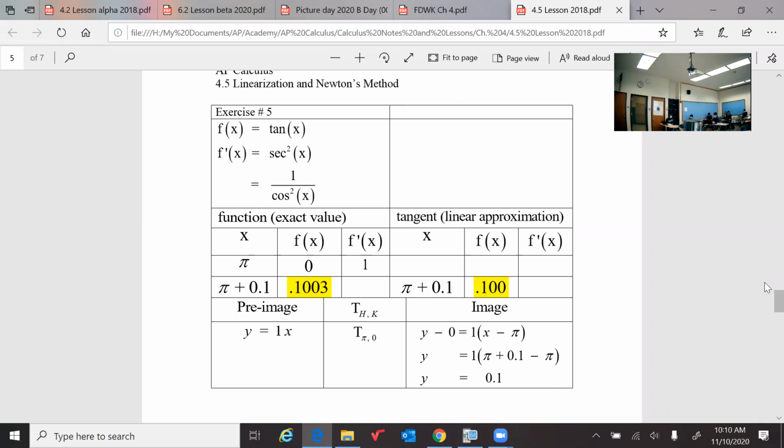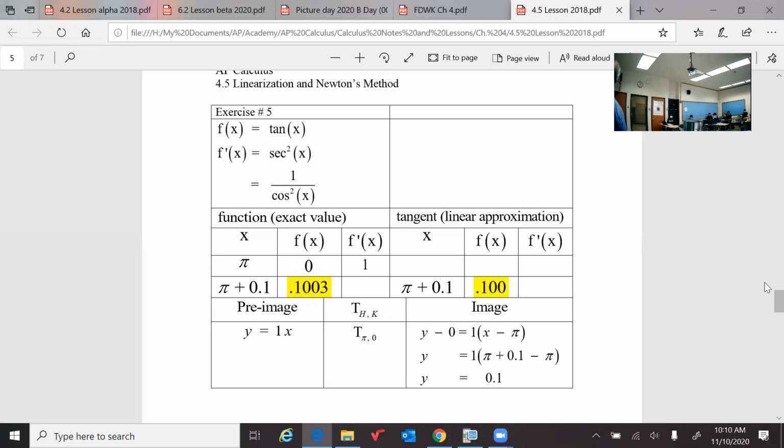Secant squared gives you 1. So the tangent line has a parent graph of y equals x, and you're sliding pi to the right, up 0. So you would have y equals 1 times (x minus pi). Delta x is 1/10. You have 1 times 1/10.